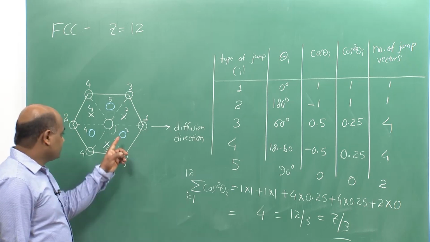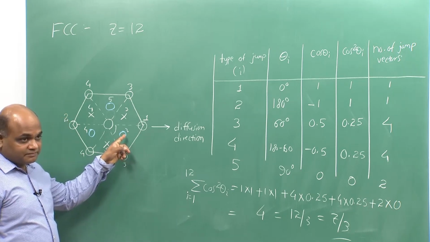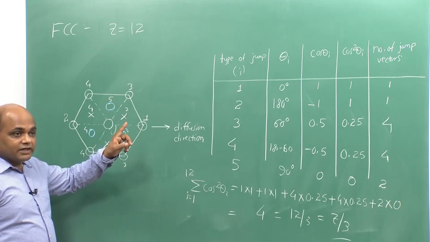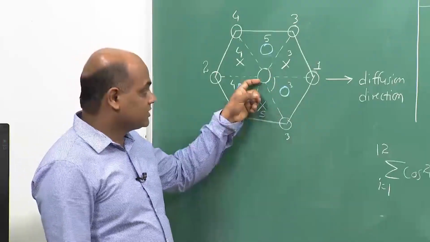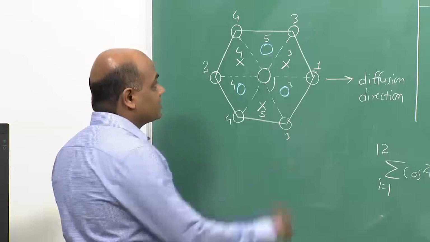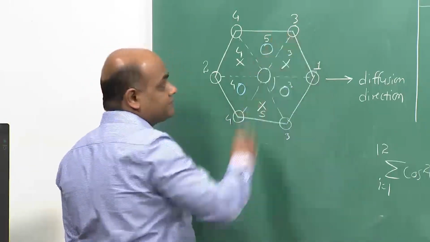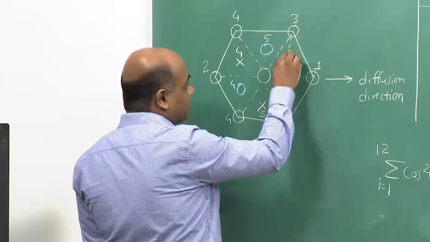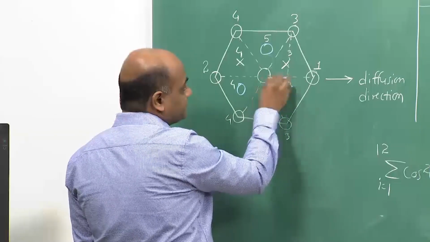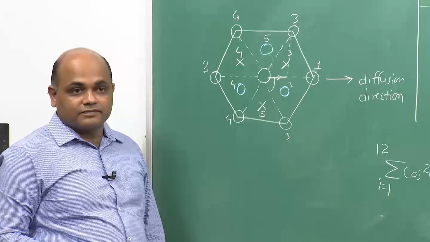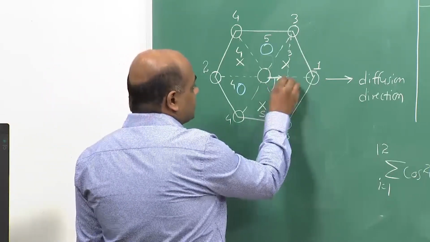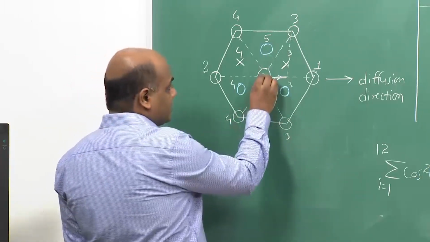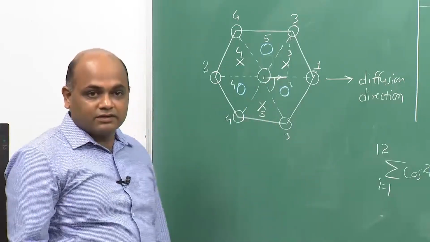Now, why do we take cos theta? Because our diffusion direction is one direction, but the jump vector is making some angle to the diffusion direction, it is not exactly in the diffusion direction. So, if you take this jump, for example, its contribution to the plus x direction, or to the diffusion direction, is given by this projection, right. And this projection is nothing but cos theta times the jump vector, because this length divided by this length is the cos theta.